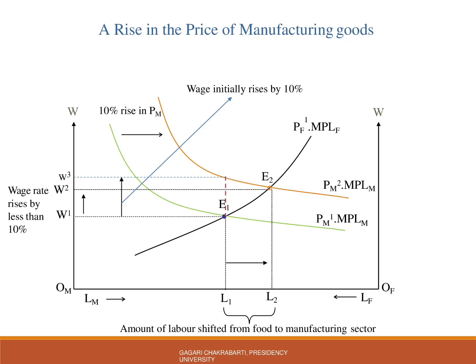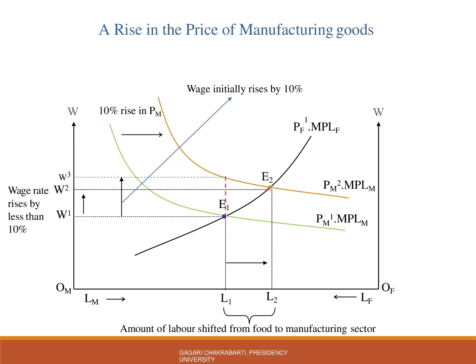Now we may consider a case where the price of the manufacturing good is increasing. So PM is increasing but PF is unchanged. Suppose the price of the manufacturing good is rising by 10%. So the VMPL curve will shift by 10% towards the right.